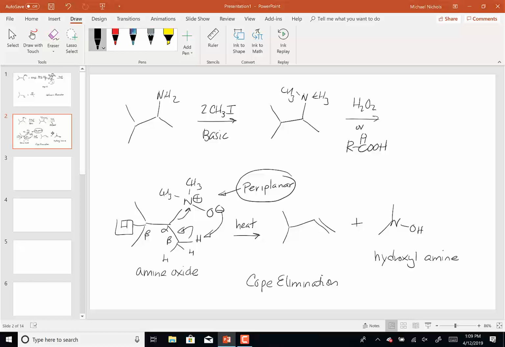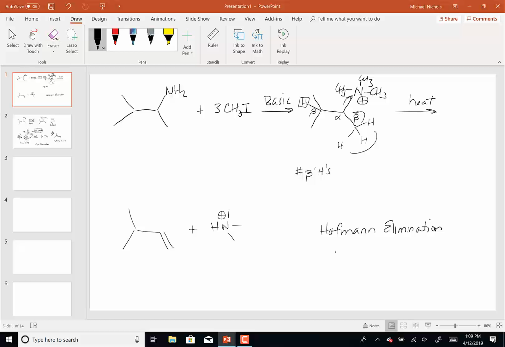And so it's not an E2 mechanism. Whereas if we go back to the Hofmann elimination, it is more of an E2 mechanism, and so it will undergo an anti-periplanar transition state.